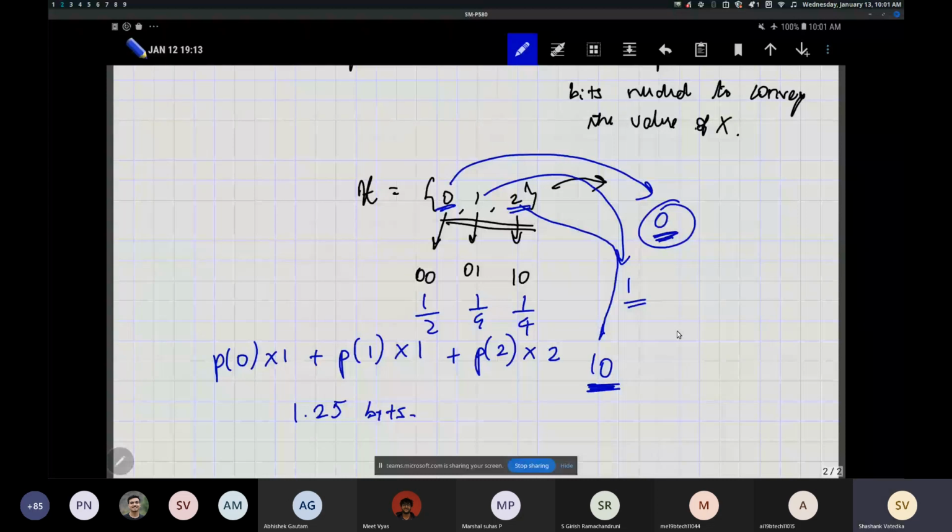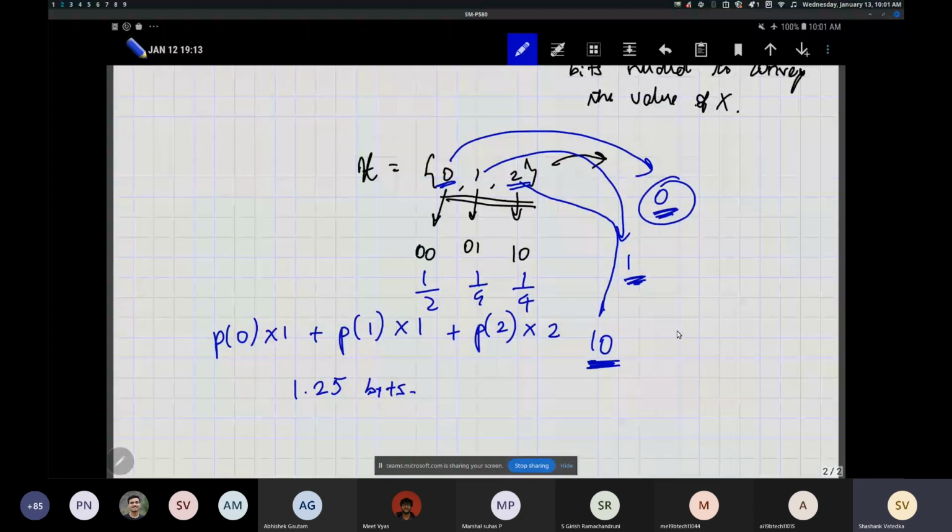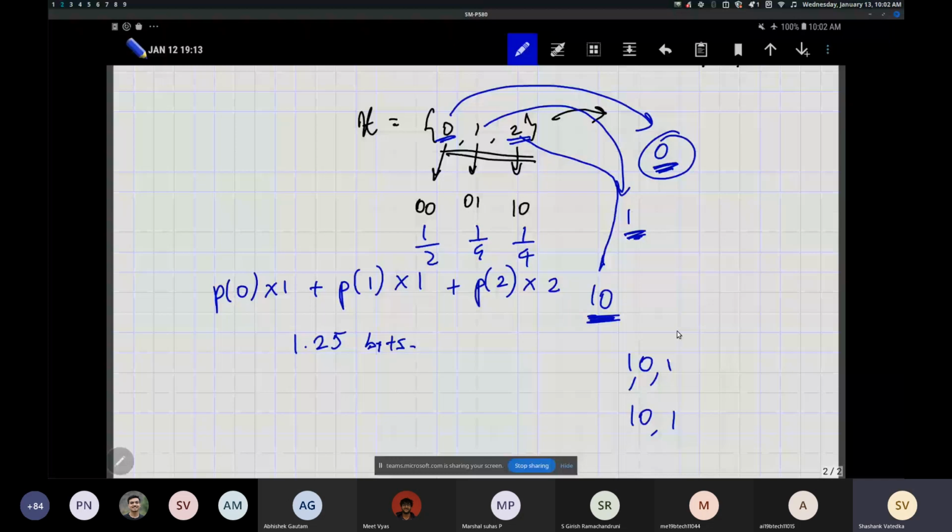If you're compressing a sequence of symbols, and the mapped symbols were 101, then this could be 1 followed by 0 followed by 1, or it could be 10 followed by 1, correct? But again, at least in this particular example, I'm assuming that I'm studying just a single symbol and not a sequence of symbols.